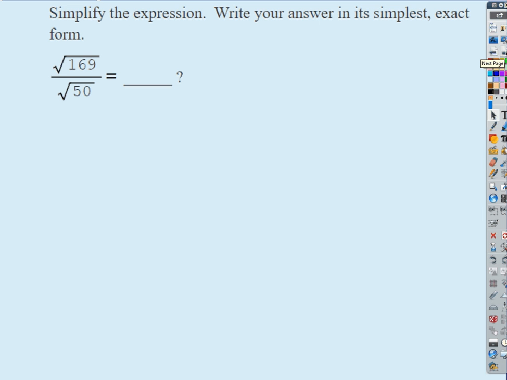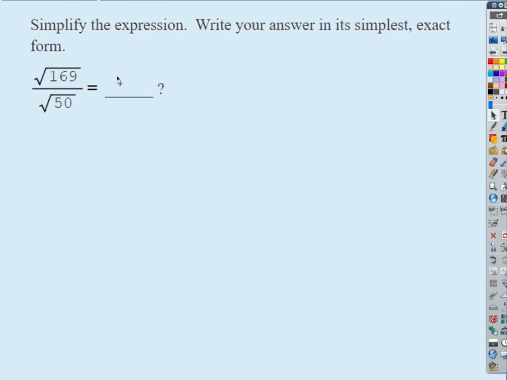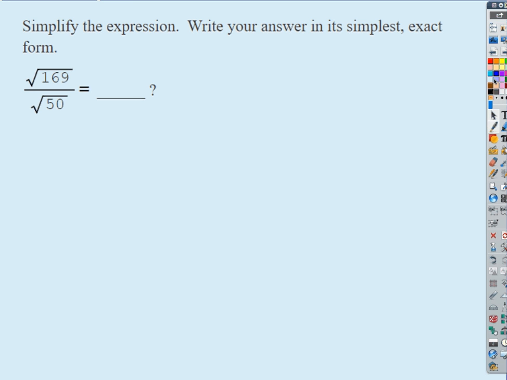Okay, the top is a perfect square, right? The top is going to give us 13. But what about the bottom? Bottom's not a perfect square, is it? Okay, so we got to do some side work here.